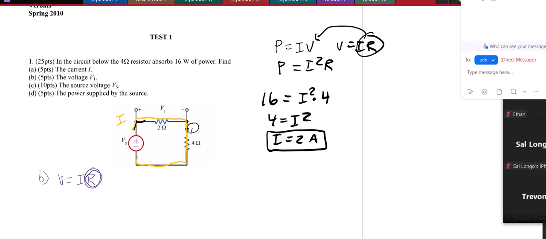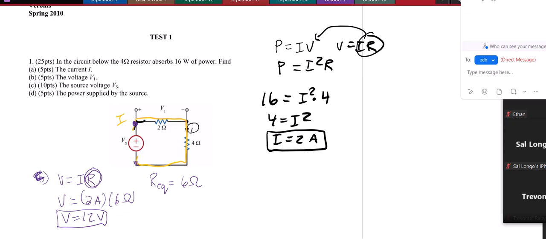This voltage source is the change in voltage from before the voltage source all the way around to the other side of the voltage source. So I need the resistance for that entire thing. They're in series, and so the equivalent resistance for the entire circuit is 6 ohms. And so V equals 2 amps times 6 ohms, or V equals 12 volts. That was part C, sorry, and that's C.